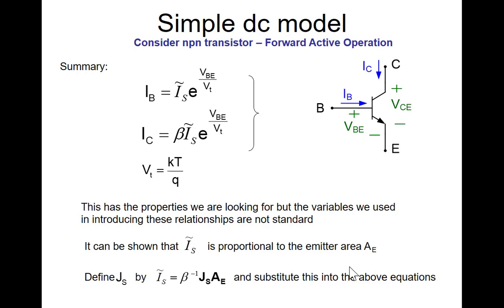JS is related to IS tilde and to beta by this expression. If I do that, I can go back to this equation and replace IS tilde by beta to the minus 1 JS AE. So I just define a new parameter. By the way, with this parameter, people will know what you're talking about.